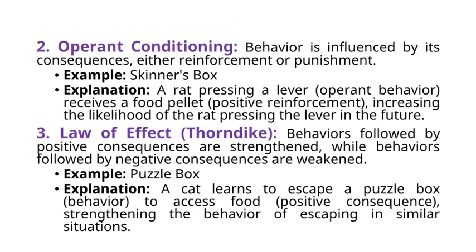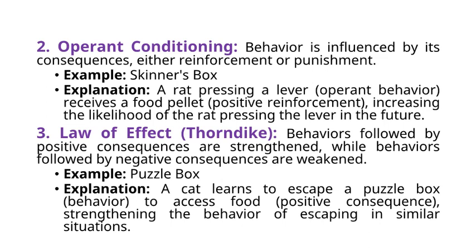2. Operant conditioning. Behavior is influenced by its consequences, either reinforcement or punishment. Example: Skinner's box explanation. A rat pressing a lever, operant behavior, receives a food pellet, positive reinforcement, increasing the likelihood of the rat pressing the lever in the future. 3. Law of effect.